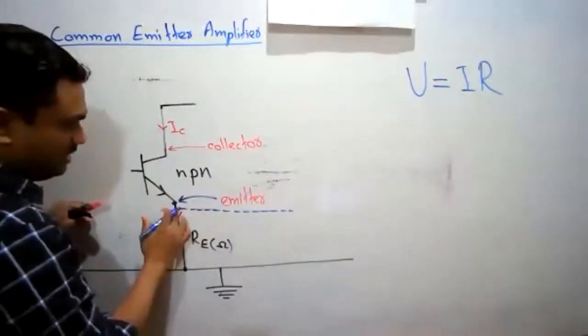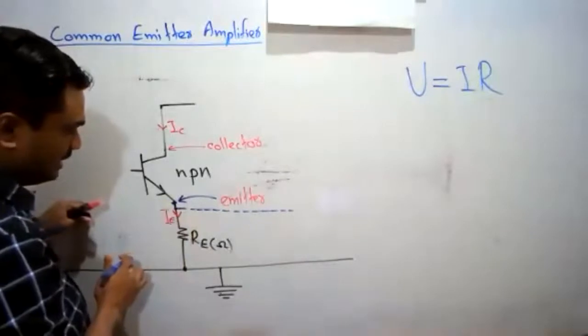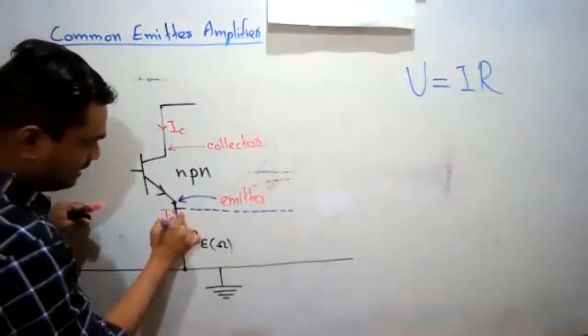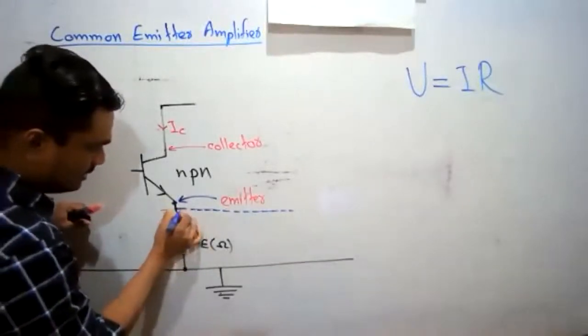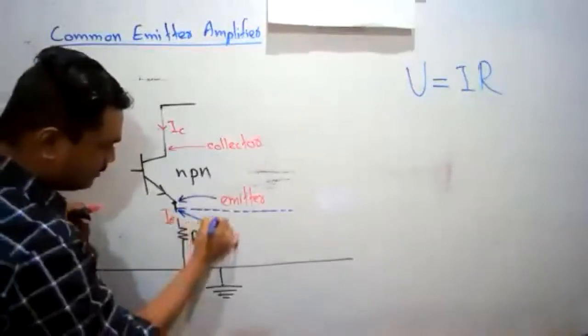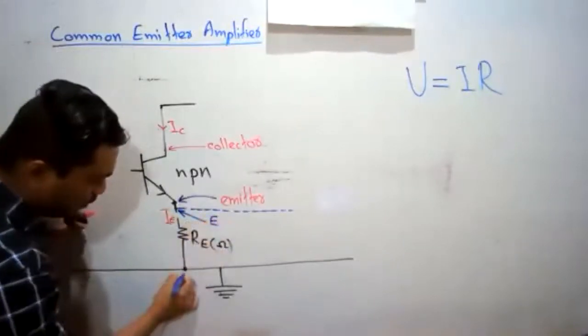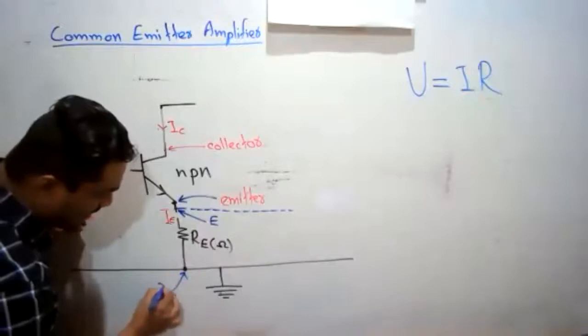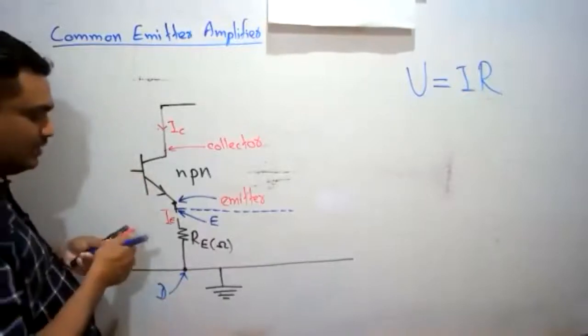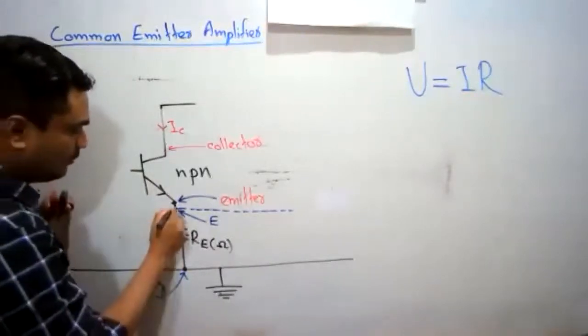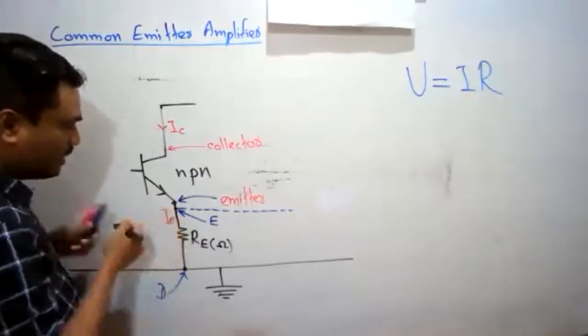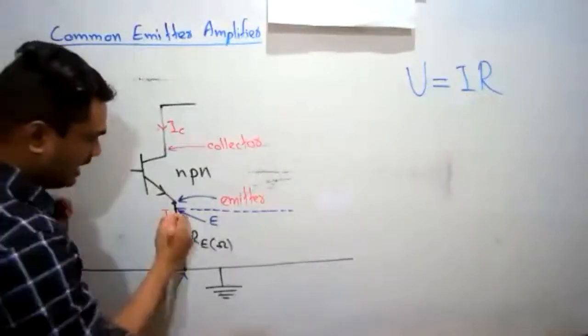Sorry, this is the emitter. Therefore, this point is normally marked as point E. And we normally mark this point as D. Then the potential difference between D and E can be found. What's the law that should be used to find the potential difference between D and E?